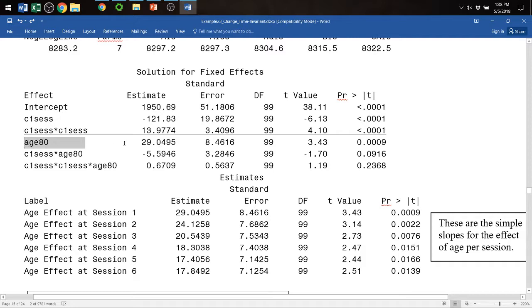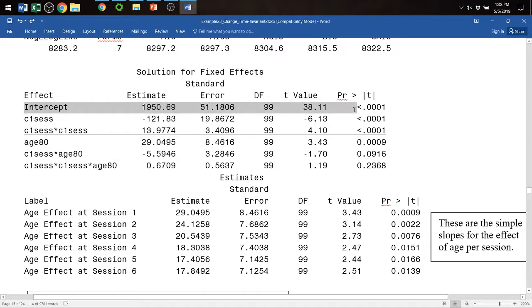If I'm talking about time invariant predictors, I tend to say difference, because it's not like these people are aging. We're talking about people of different ages who differ from each other. Whereas if age was time varying, then I could say change because age was actually changing within person. I think I keep the interpretation a little clearer.